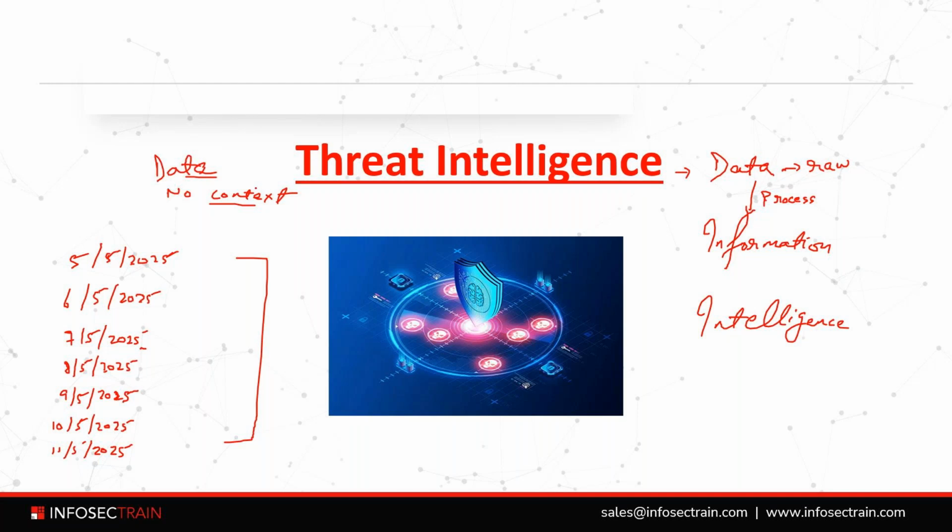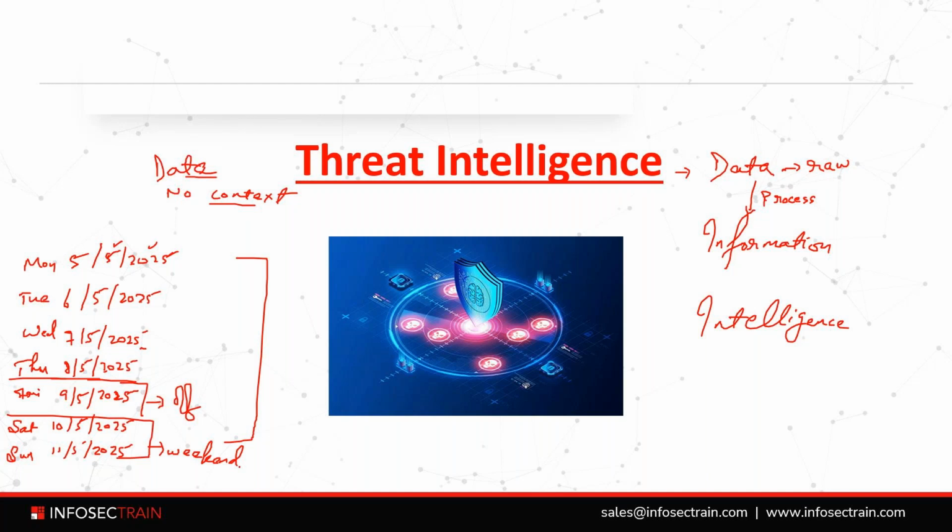Then we get to know this is the month of May, year 2025, and this is the second week of it, in which this is Monday, Tuesday, Wednesday, Thursday, Friday, Saturday, and Sunday. So this is the weekend off. And Friday, maybe like a Good Friday, we have off as well, a public holiday. So now you got context over here.